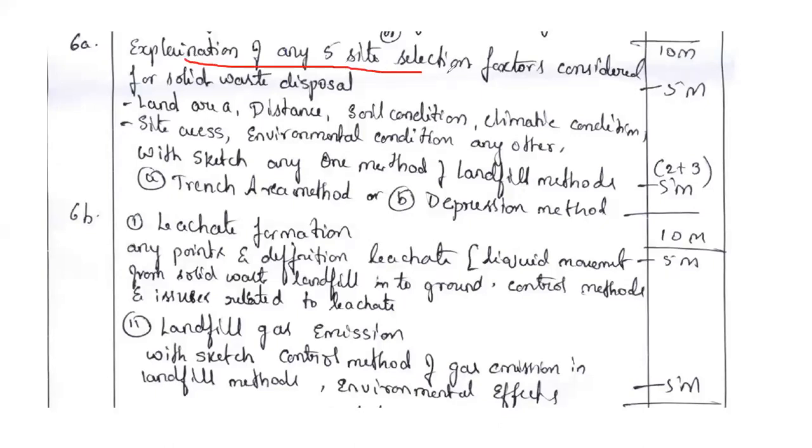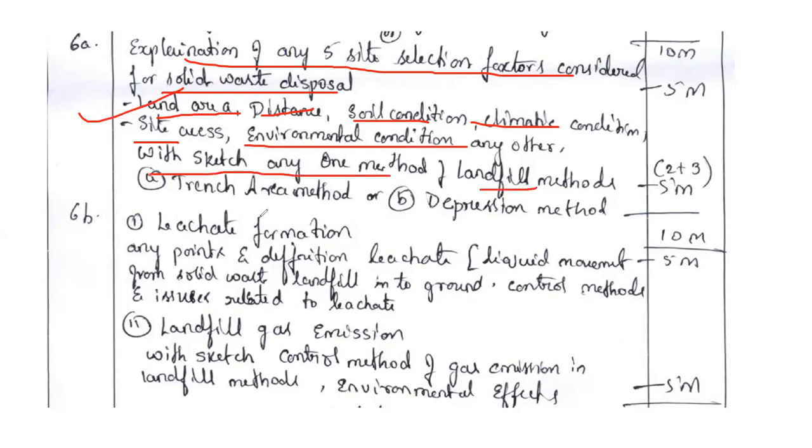Explain any 5 selection factors considered for solid waste disposal: land, distance of solid waste collection, climate condition, site access, environmental condition. You can list such factors with a brief explanation. Then, with a sketch, explain any one landfill method, like trench or depression method. I think you can manage it. That belongs to question number 6A.